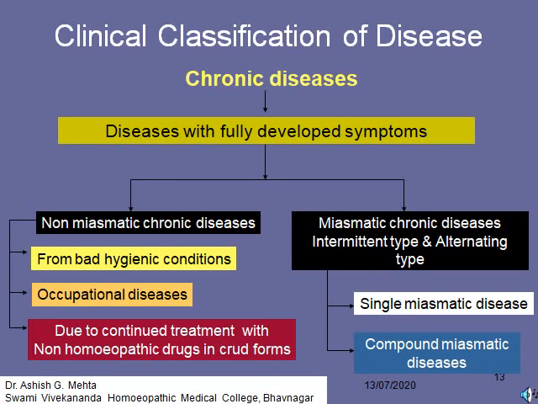Now we are coming to the miasmatic chronic disease, for which singular or multiple miasms are responsible. According to single or multiple miasms, this divides into two main parts, that is single miasmatic disease and compound miasmatic disease.